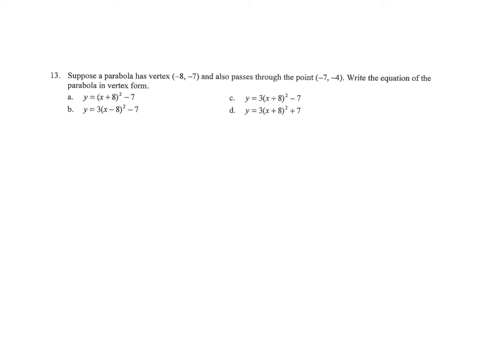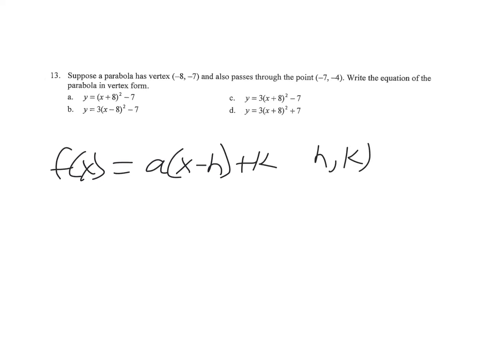So vertex form says f of x, or y, equals a times (x minus h) squared plus k. The h, k is the vertex, but you'll see that it's minus h inside here, so basically it means the opposite of h, and then k is the y value of the vertex.